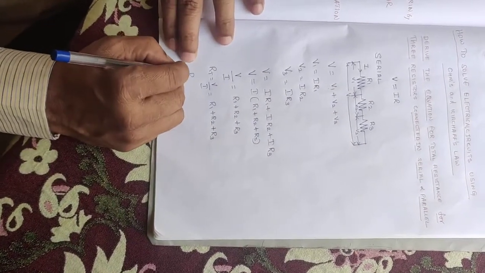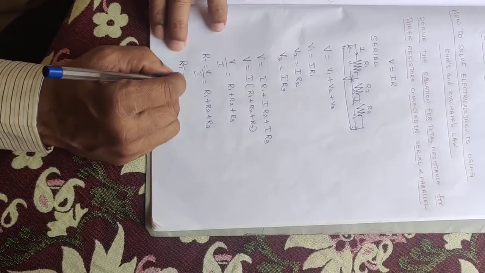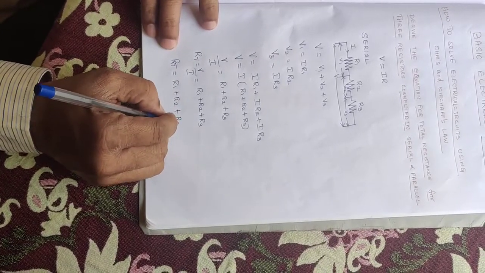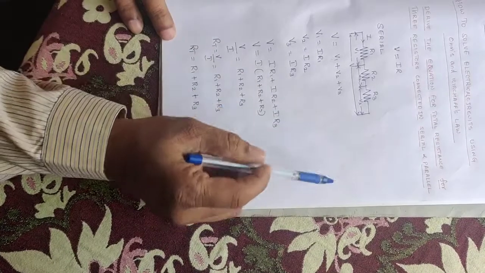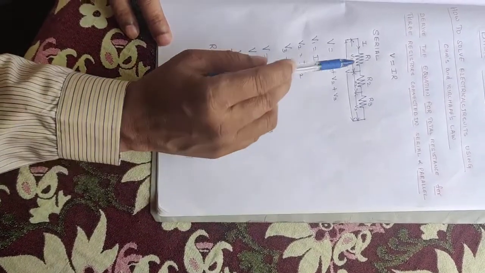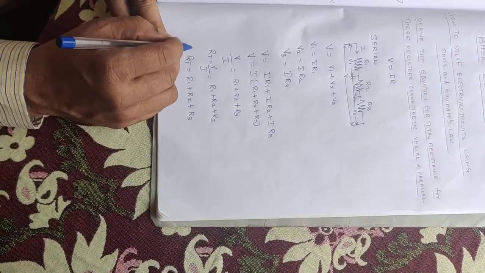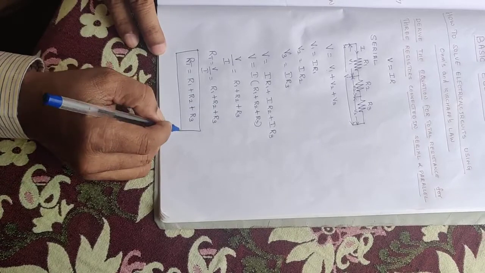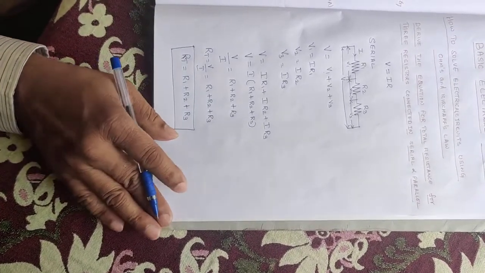Hence, the total resistance in a series circuit RT is equal to R1 plus R2 plus R3. So here we understood that in a series circuit, the total resistance is the sum of the individual resistances R1, R2 and R3. That's what we defined here.